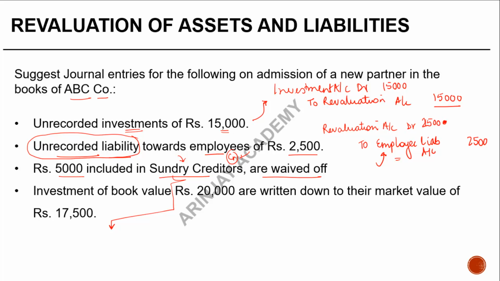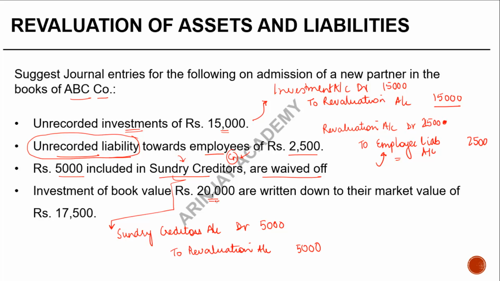Now I need to remove this credit balance, so I will debit it. So I will debit the sundry creditors account by how much? 5,000. Now, since I don't have to pay someone, what is it? It's actually a profit to me. I will credit the revaluation account. Right?